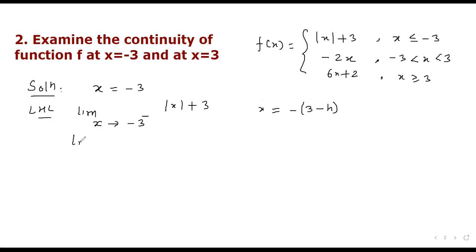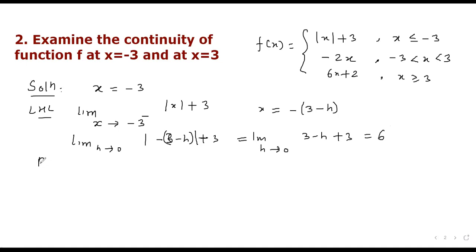So we write limit h tends to 0, and in place of x we write minus of (3 minus h) within brackets, and outside the bracket plus 3. So it will become limit h tends to 0, 3 minus h plus 3, which will give 6.